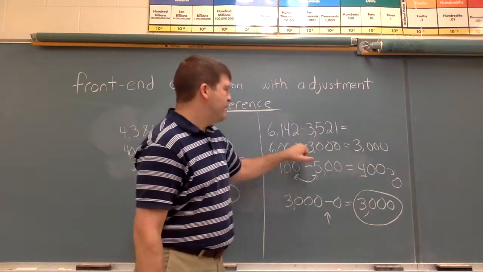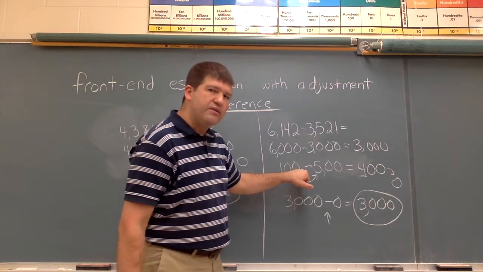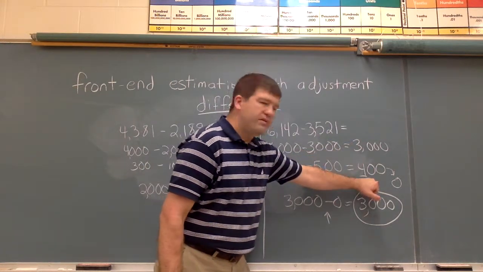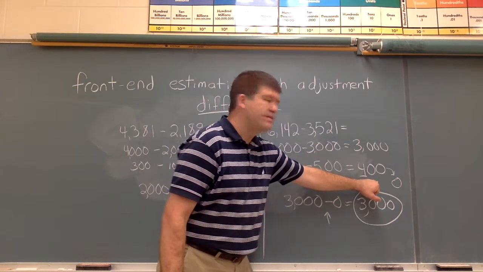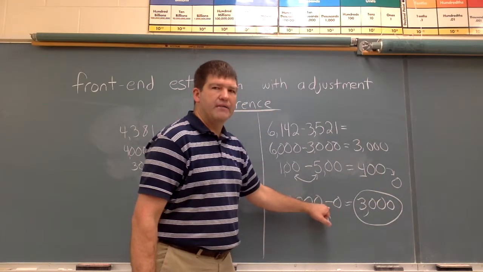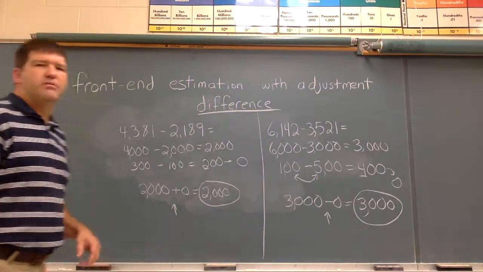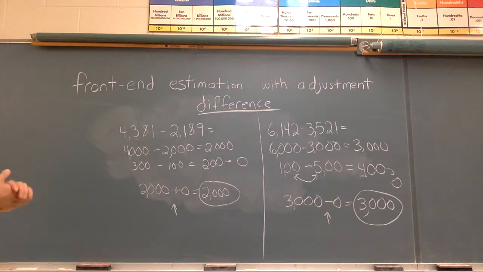If you can't do it, you subtract your thousands, you flip them and subtract your hundreds, and you round this number, your hundreds, and then instead of adding them, you subtract them, okay? And that's how you do front-end estimation with adjustment, finding the difference of numbers.